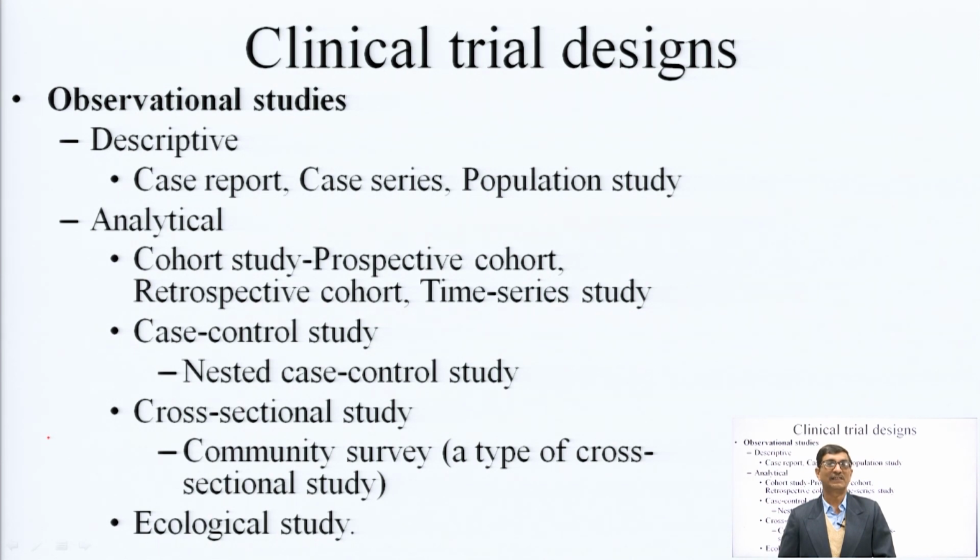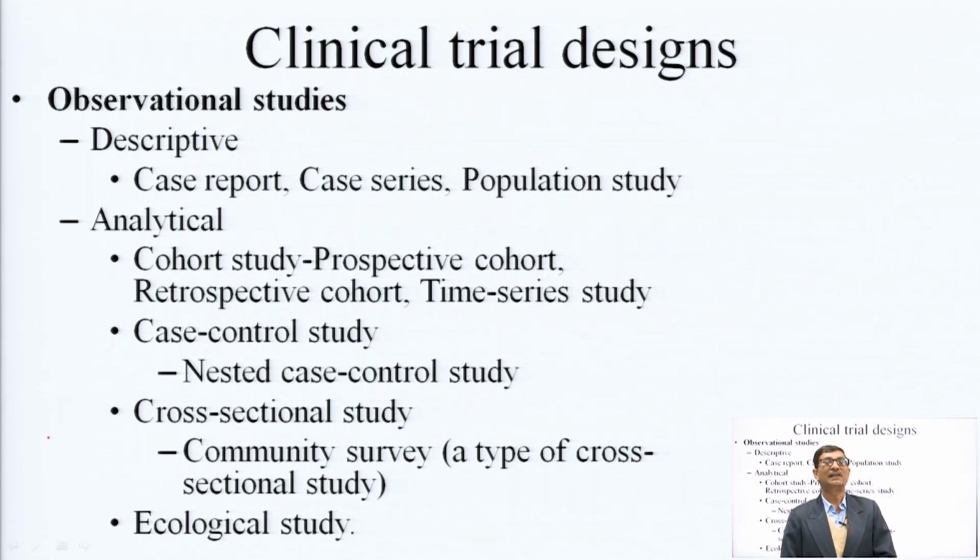Second is observational studies. In an observational study we have descriptive study, in which we only describe the characteristics of the population, for example case report, case series, population study. So, in an observational study you do not give any treatment, you only observe.